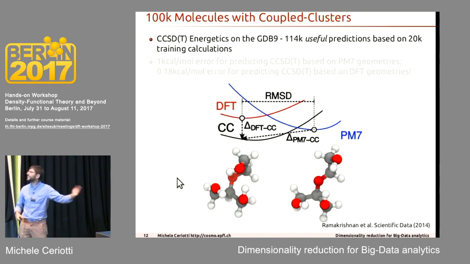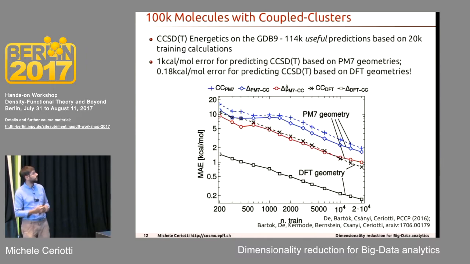These guys have done the DFT optimizations, so we have the reference values, but in the test exercise I pretend that I don't know the DFT geometries, and I directly predict the optimized energy starting from a non-optimized geometry.